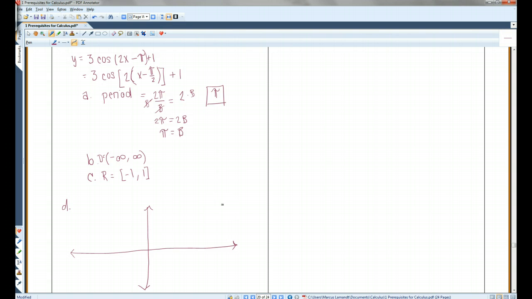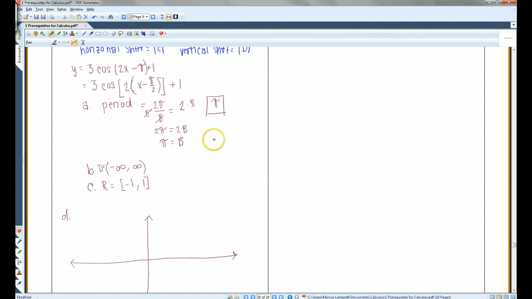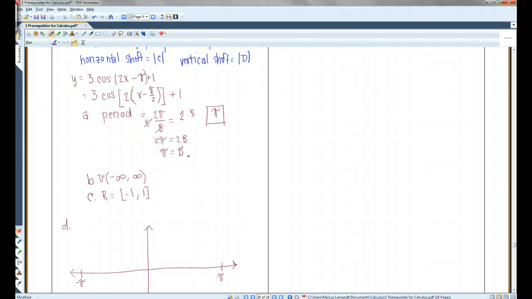But in this case, the period is only half that, so it's only going to go to pi. The horizontal shift is pi over 2, and it goes up 1.